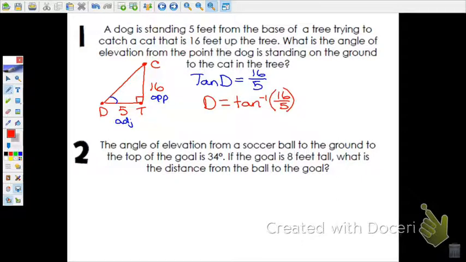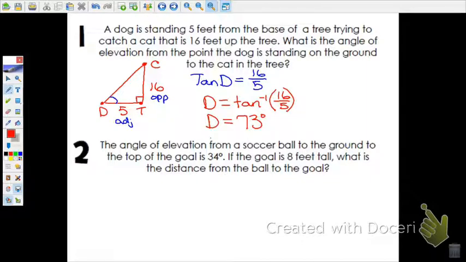For these problems, like the assignment that you'll be getting, the angles we're going to round to the nearest degree. So when I put that into my calculator and round to the nearest degree, 73. I would round up to 73 degrees. So a degree symbol, because it is a word problem, we need to have our label. So our label is the degrees, or you can write the word degrees.